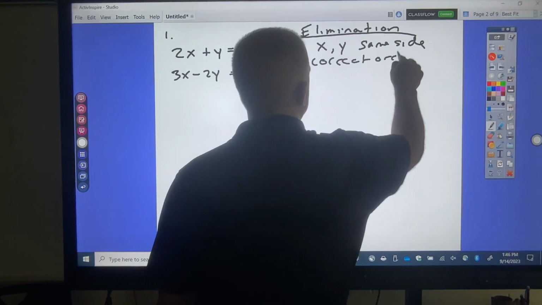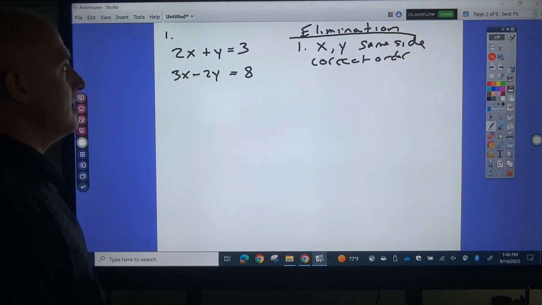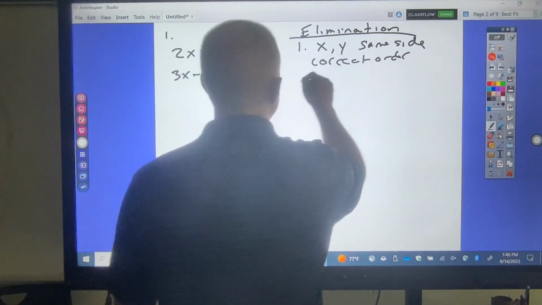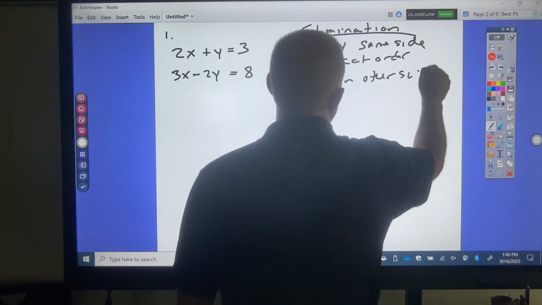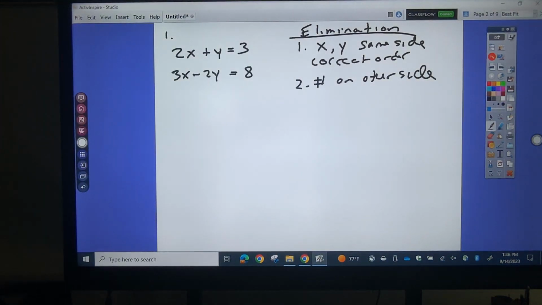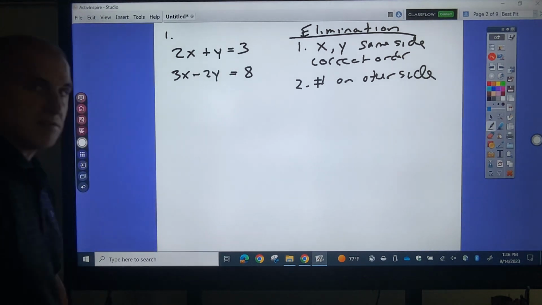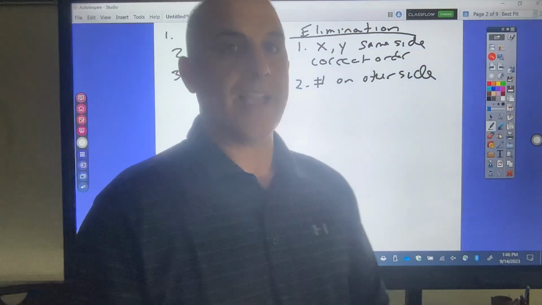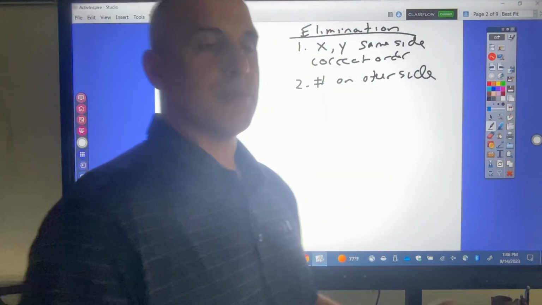Then we want the number on the other side. Real simple thing with elimination: sometimes there's a quick eliminator, like a 4 and a -4, or you can see some quick subtraction.